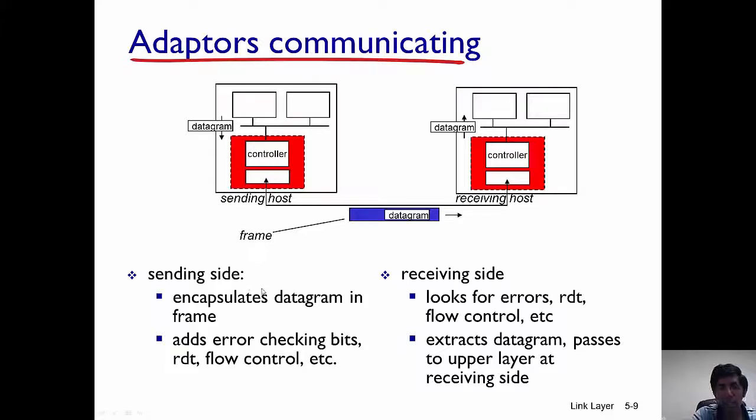And at the sending side, the host adds error checking and some flow control bits. That is what is called a frame. It is then put on the link. The link carries it, and the receiver then receives this frame. When the receiver receives the frame, it looks for errors, and if there are no errors in the message, it extracts the datagram and passes it on to the network layer. Okay, so this is how the link layer actually works.